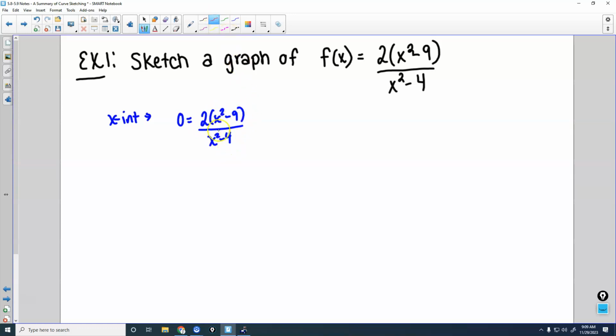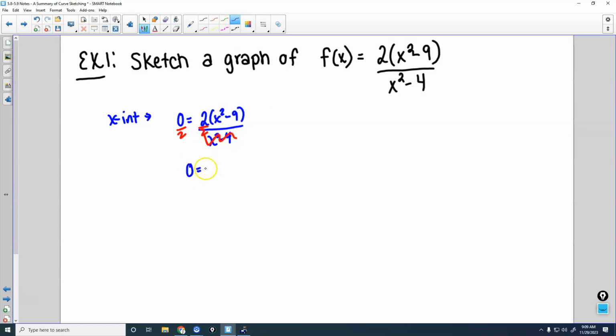Does the denominator really matter whenever you're talking about this equaling 0? For this to equal 0, you really just need the numerator to equal 0, because you're going to have 0 over some other number. You don't want zeros in both places, but this won't give you that, so I'm going to just mark that out.